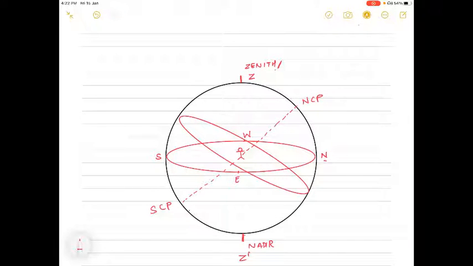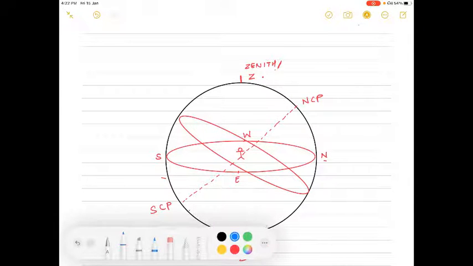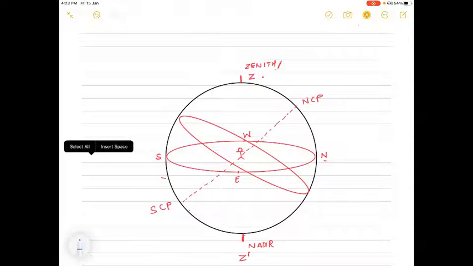So this becomes the celestial equator. Again, if the observer is at the north pole, then the north celestial pole coincides with the zenith, and the celestial equator coincides with the observer's horizon. So you should get this much idea from this.